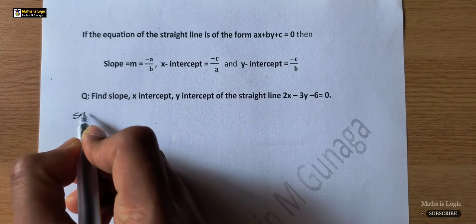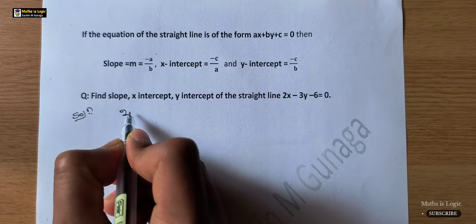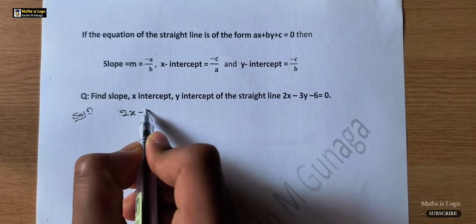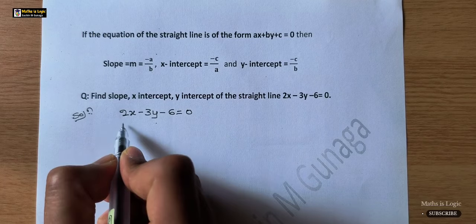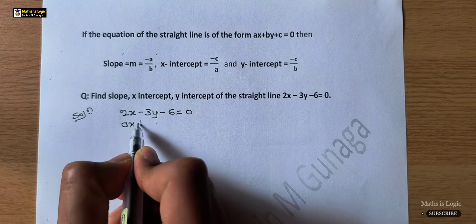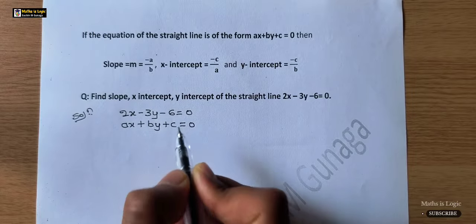So in the solution, first write standard form of equation of straight line. 2x minus 3y minus 6 is equals to 0. Next, compare this with the standard form. Ax plus by plus c is equals to 0.